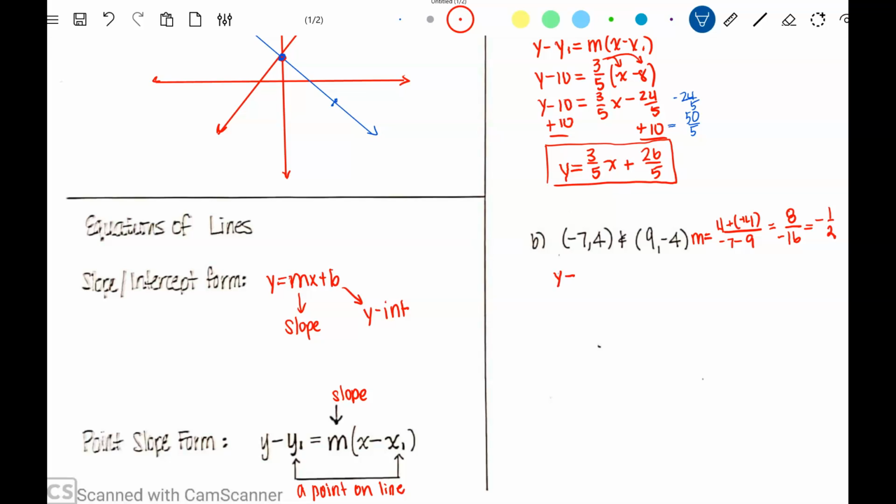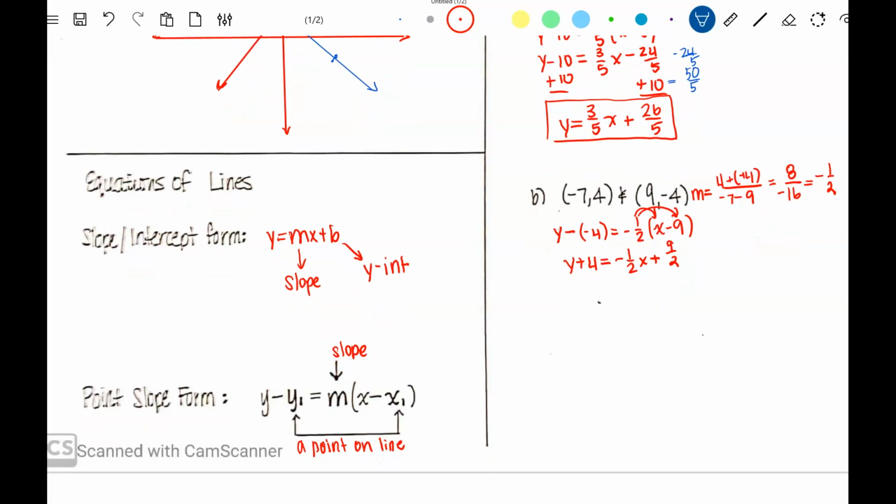So y minus negative 4 equals negative 1/2 times x minus 9. So that's y plus 4 equals, and I'm going to distribute negative 1/2 x, and then that's plus 9/2. Subtract 4 from both sides.